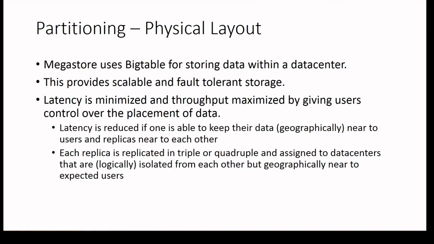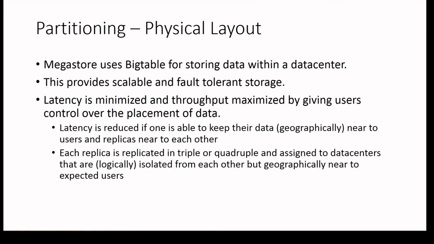But why do we use Bigtable as a fundamental storage technique? Well, a couple of reasons. The first one is both Megastore and Bigtable were developed by Google. So I think that Megastore developers use Bigtable because they were familiar with it, because they're both Google products.